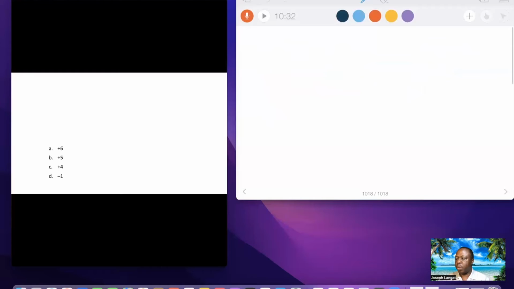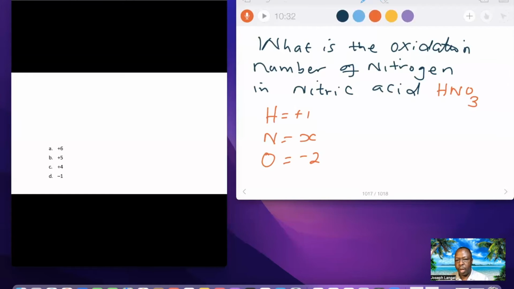Since it's a neutral compound, we equate to 0. Therefore, 1 for hydrogen plus X for nitrogen plus, there are three oxygens, equals 0. Each oxygen has an oxidation state of -2, so we multiply by 3 times -2.